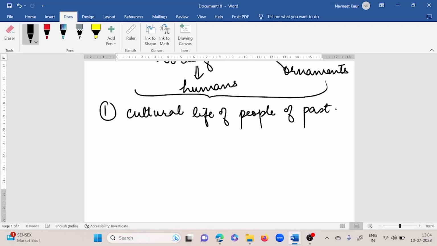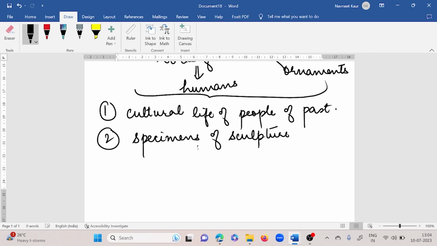And secondly, we found specimens of sculpture at Takshila.